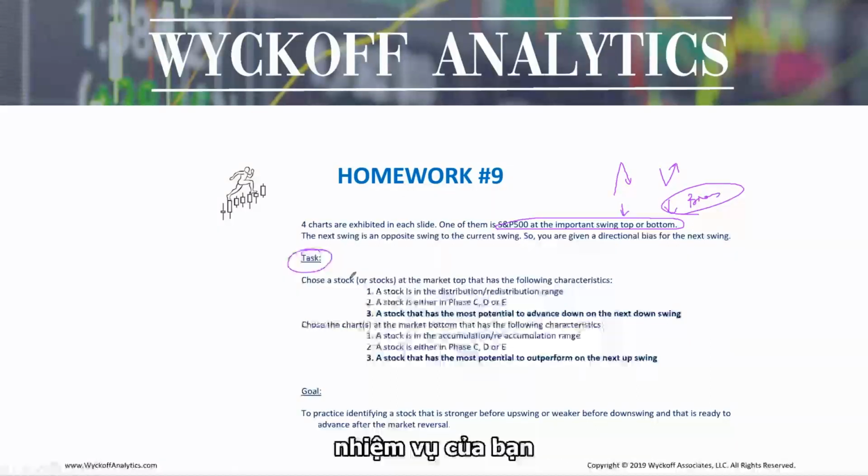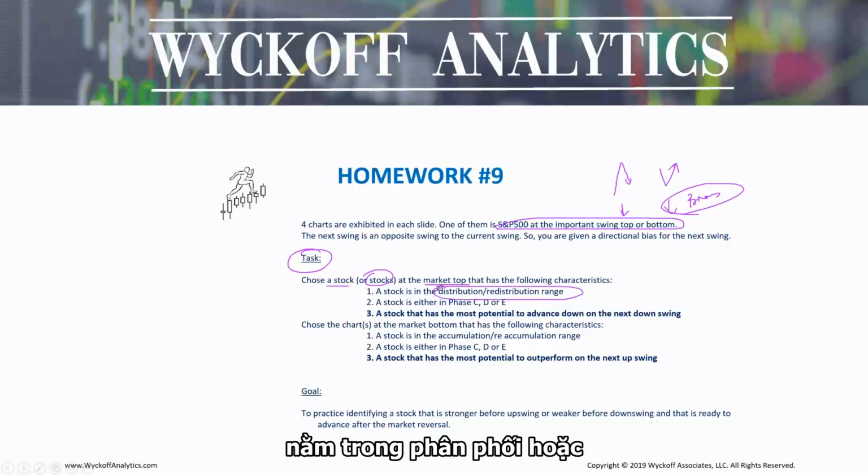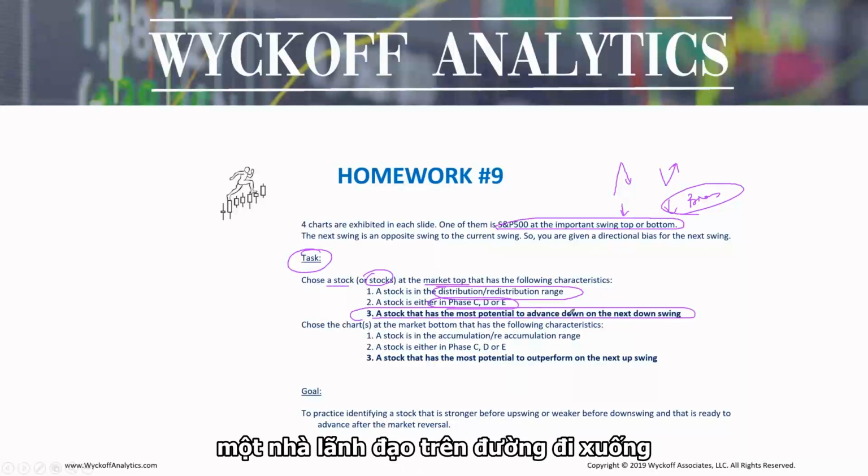Your task is to look at the stock or stocks and choose at the market top the stocks that are in the distributional or redistributional structure, that are in phases C, D, and E, and that have comparative advantage over other stocks to be a leader on the way down. At the market bottom, you are basically doing the opposite.